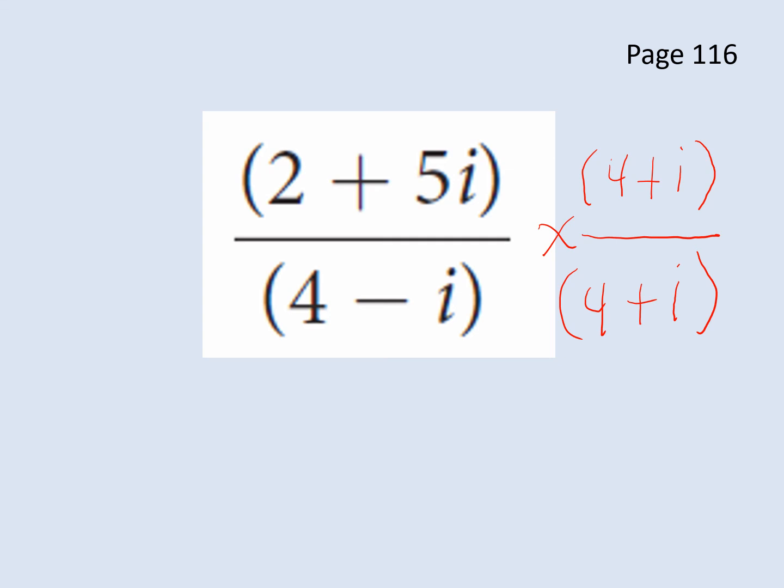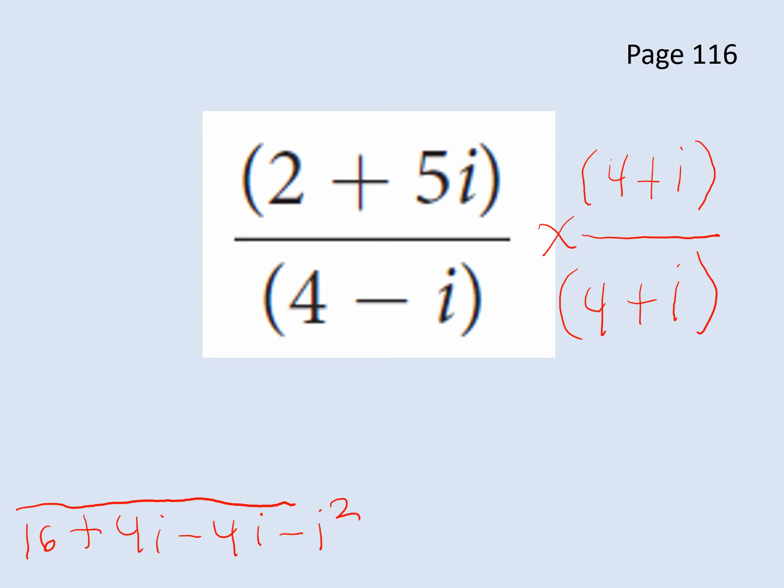So I'm going to do the denominator first. We have 4 times 4 equals 16 plus 4I minus 4I minus I squared.